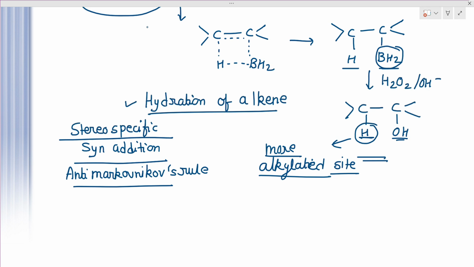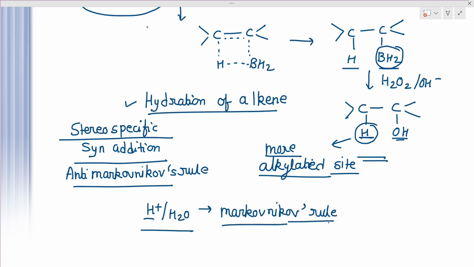You have seen the reaction with H plus and H2O. In that reaction the addition of H2O happens according to Markovnikov's rule, and you are adding the hydrogen at the less alkylated side. But in this reaction you are adding the hydrogen on the more alkylated side.